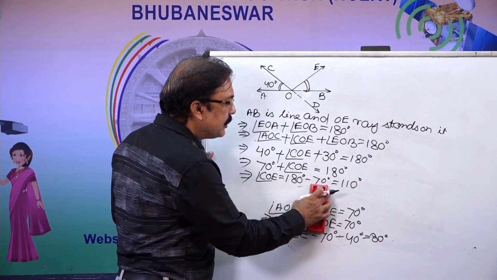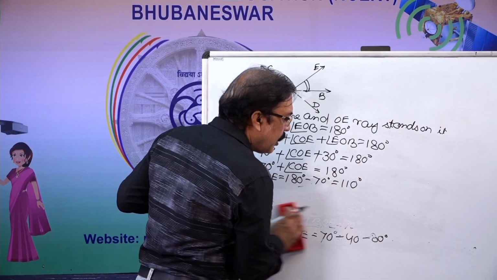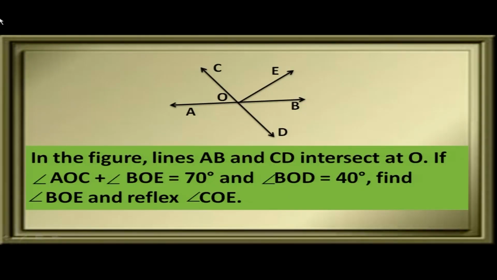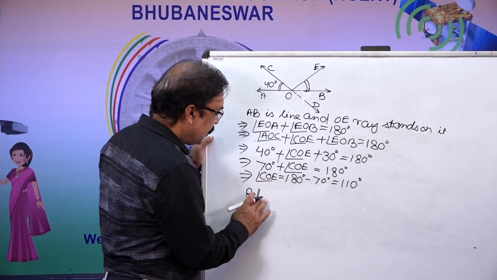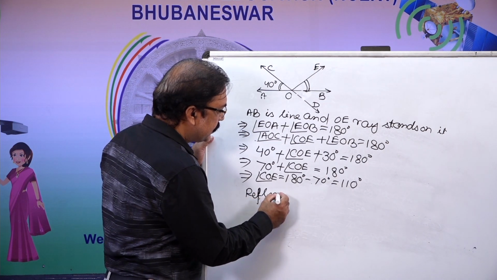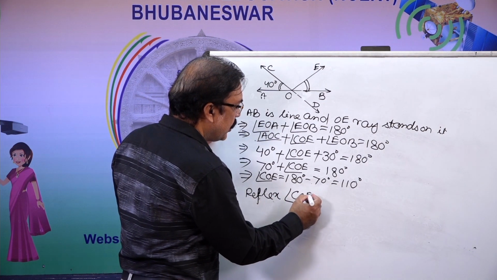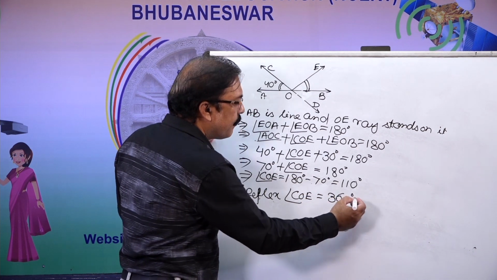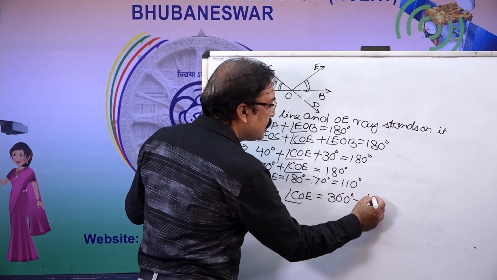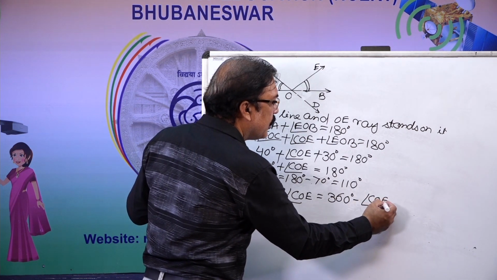What is asked in the second part of the question? It is asked to find the reflex of angle COE. So, reflex COE is equal to 360 degree minus COE.